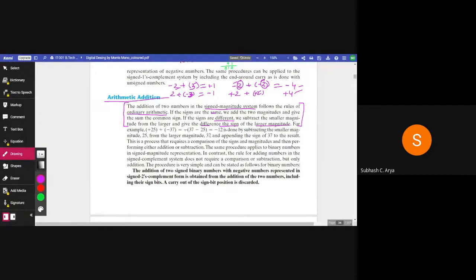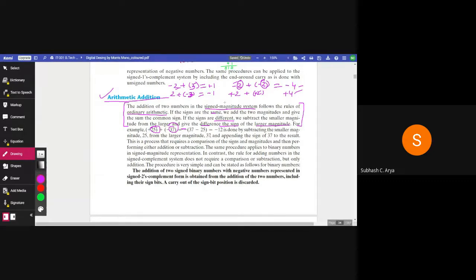We put the sign of larger magnitude, this minus outside, and subtract the smaller quantity from the larger quantity. This we know. I'm just trying to elaborate. It's done by subtracting the smaller magnitude. Is this okay? So nothing is very special here. We already know these things. The same thing is followed in sign magnitude system also.